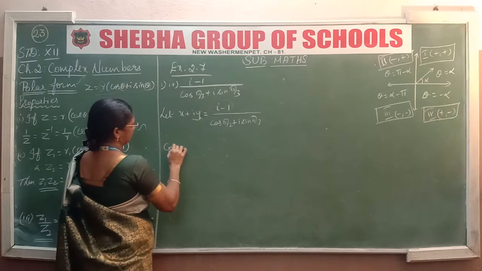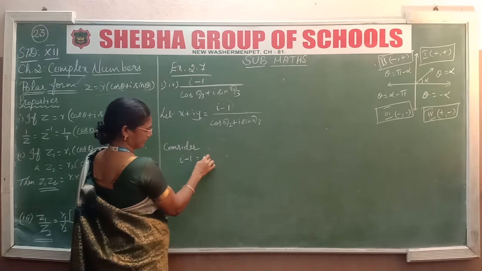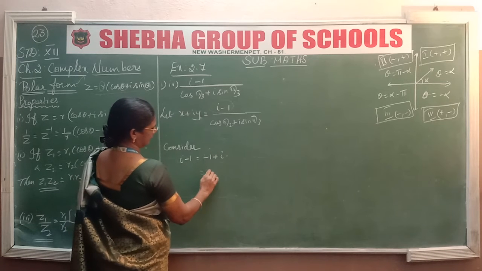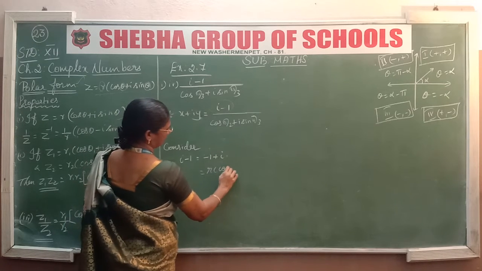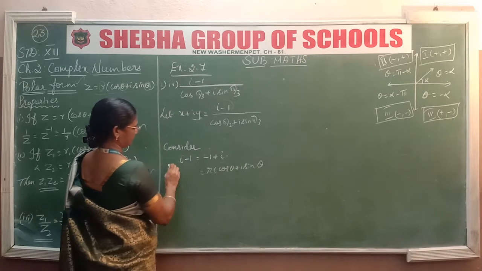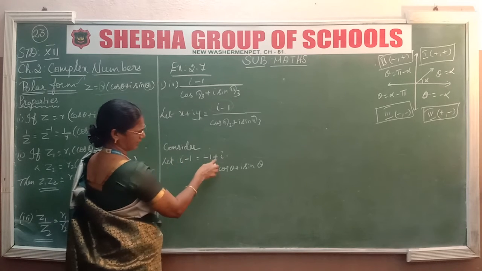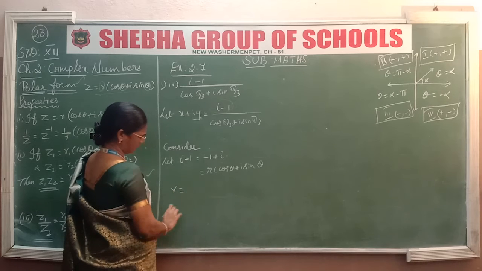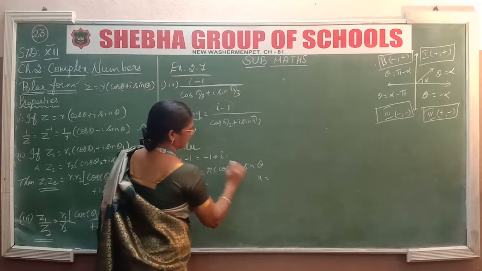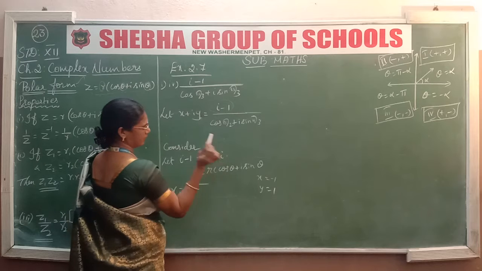Consider i minus 1. First write the real part and then the imaginary part, which is equal to r into cos theta plus i sin theta. This is our i minus 1, or minus 1 plus i. What is r? R is the square root of, listen, this is x and this is y. X is the real part and y is the imaginary part.